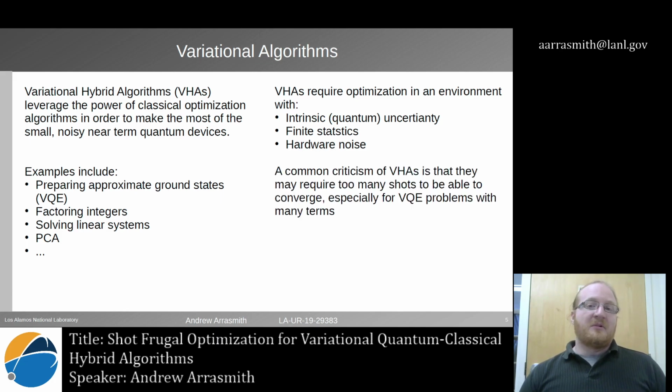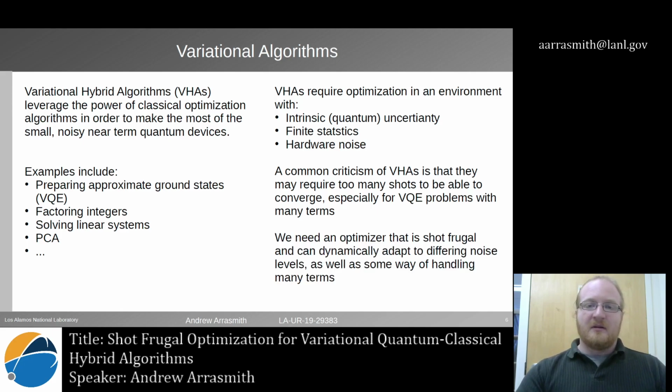So a very common criticism is that for a realistically useful application that couldn't be simulated on a classical computer, you might not be able to do the optimization because you would require so many shots, so many measurements of the quantum state, that it would just take too long.